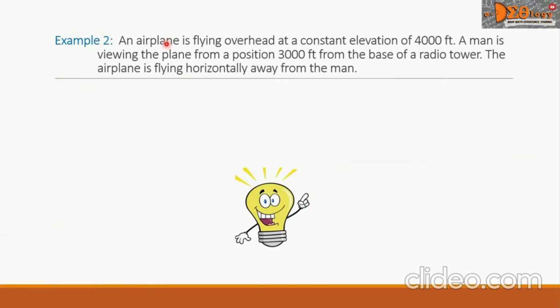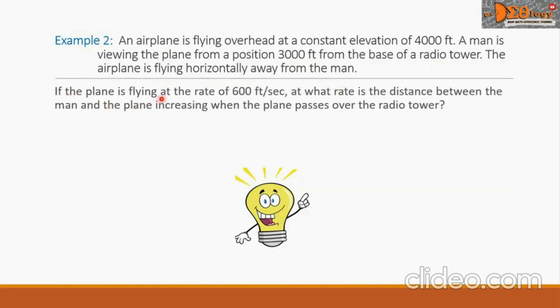Example 2. An airplane is flying overhead at a constant elevation of 4,000 feet. A man is viewing the plane from a position 3,000 feet from the base of a radio tower. The airplane is flying horizontally away from the man.